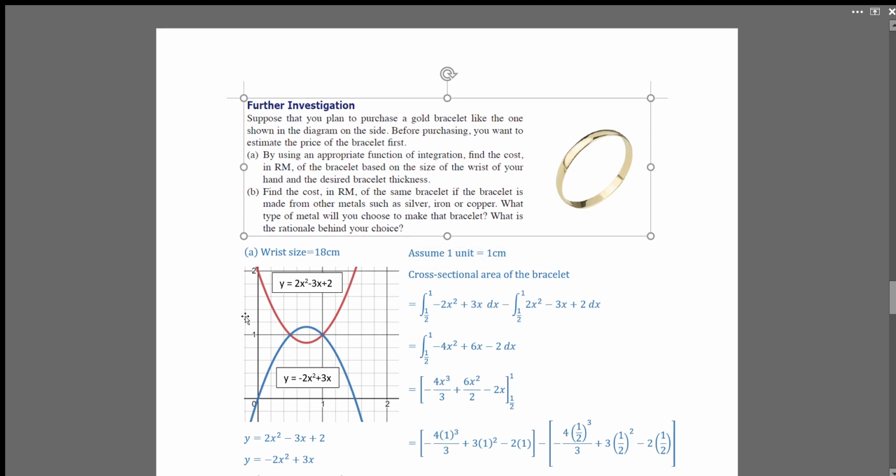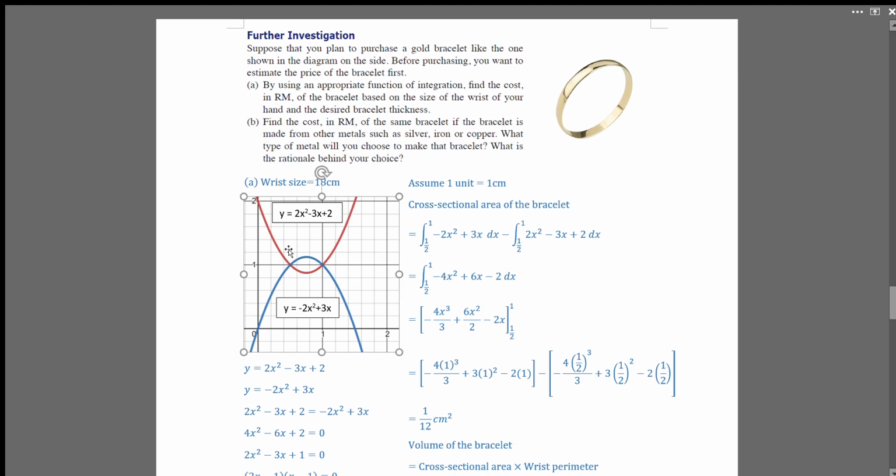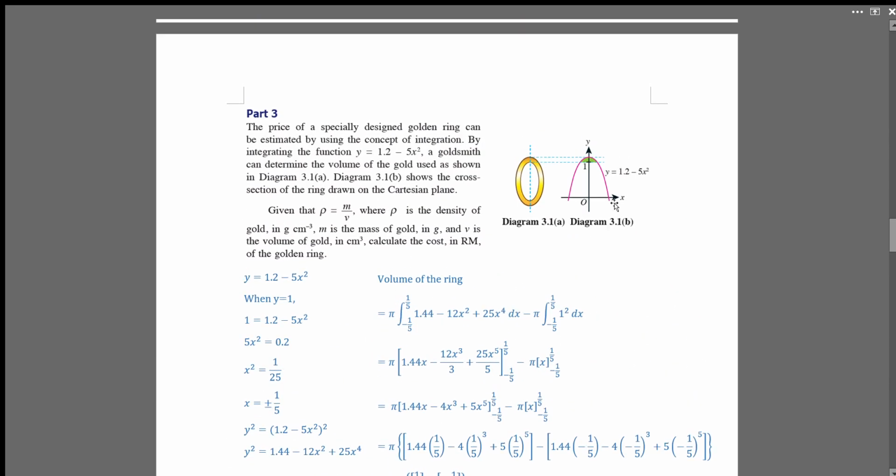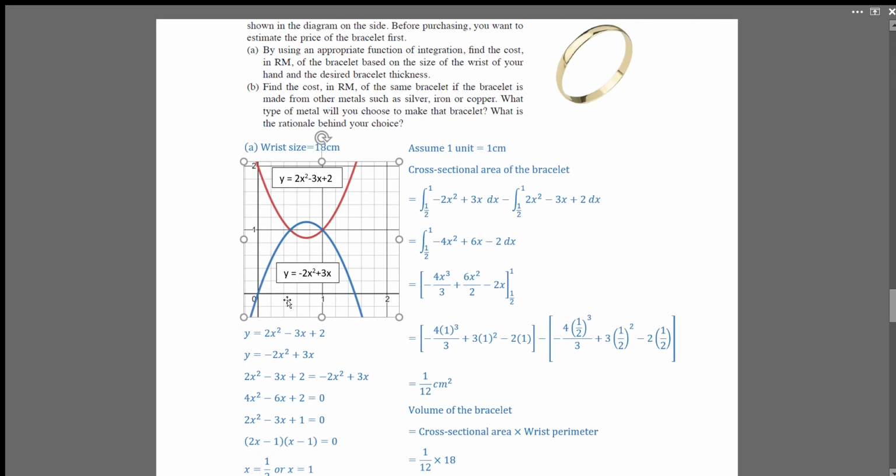So I just do two quadratic equations to get the cross-sectional area of the bracelet, just like the question above.